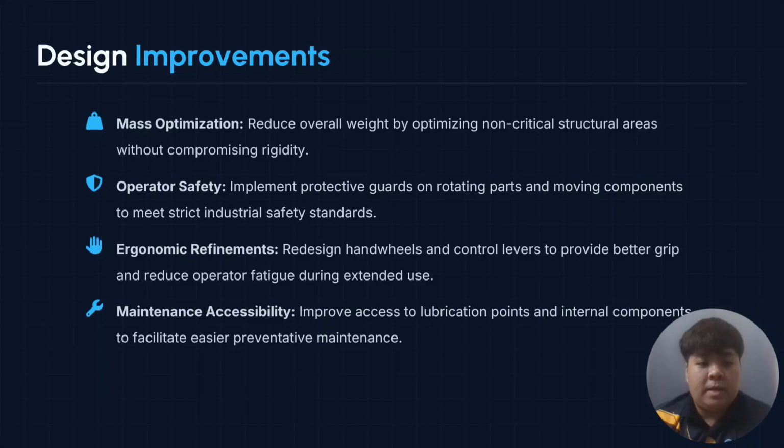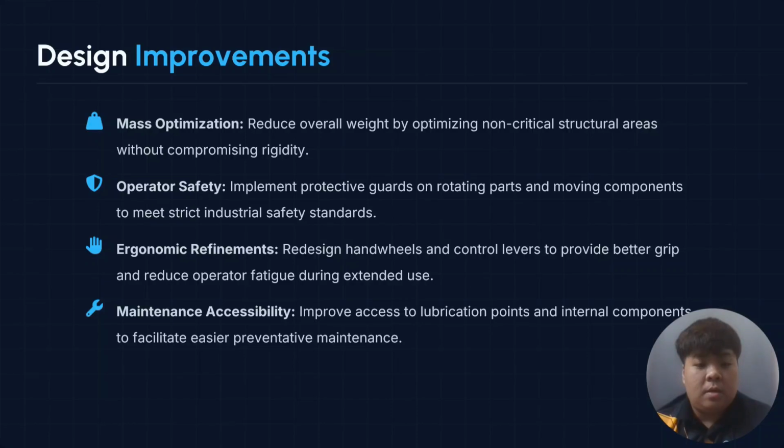And last but not least, the design improvements for the lathe machine. The first is mass optimization: reduce overall weight by optimizing non-critical structural areas without compromising rigidity. Second is operator safety: implement protective guards on rotating parts and moving components to meet strict industrial safety standards.